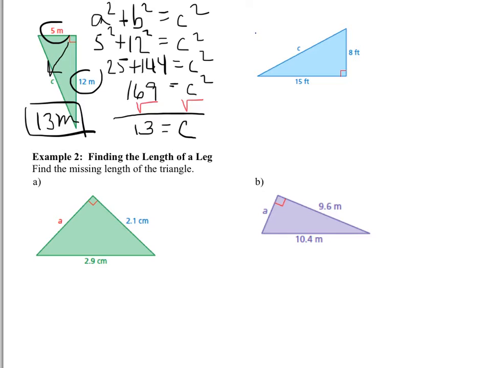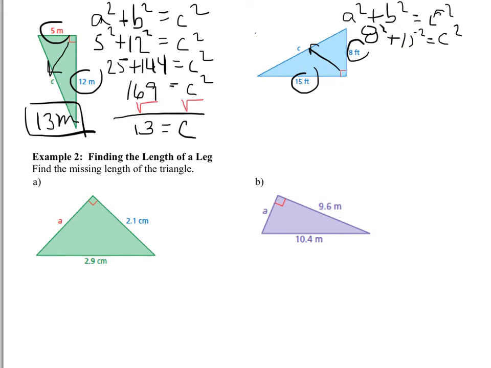On the next one, we want to get in the habit of just writing out the formula or the equation first, then plugging in what we have. Well, we have another a and a b, because those make the 90 degree right angle. So that's going to give me 8 squared plus 15 squared. And on the other side from that is our c squared.